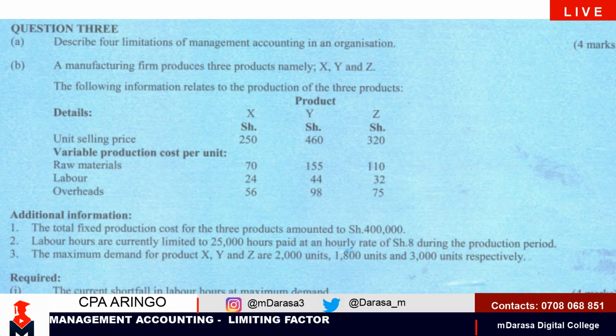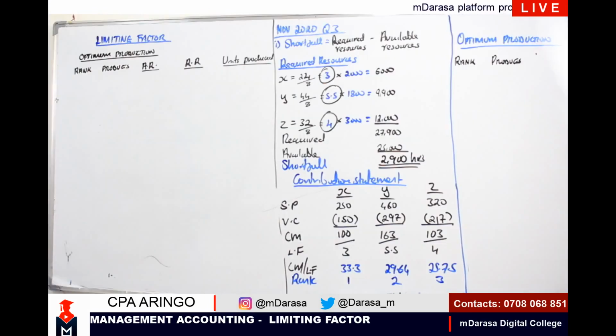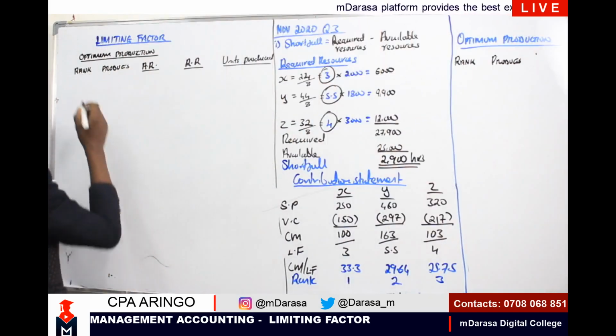So having that, let us now produce to our maximum, because we have everything. So therefore, rank, already we've ranked the products.